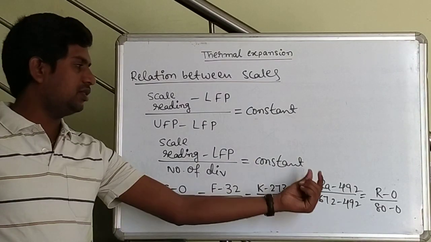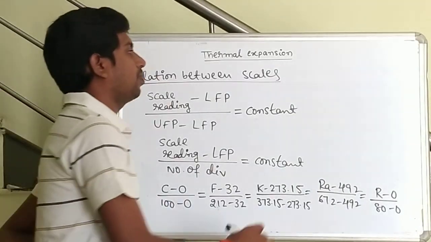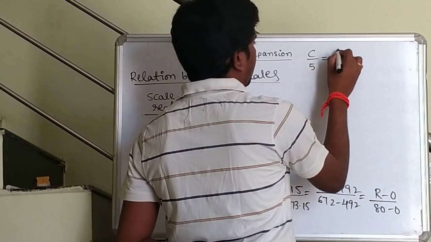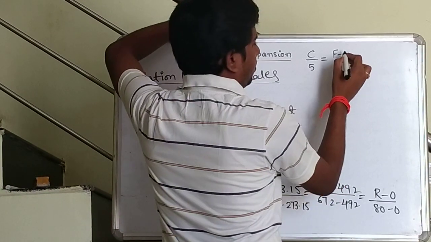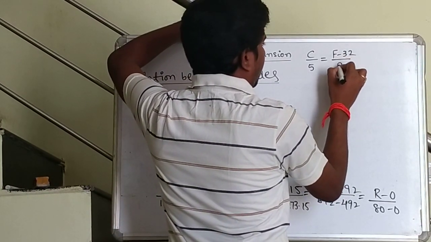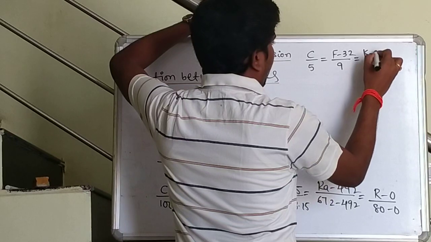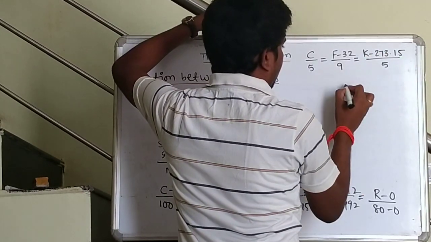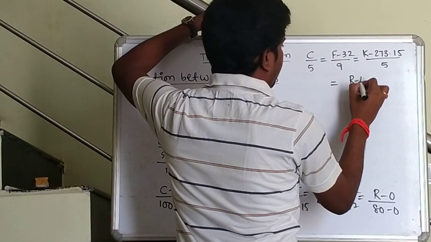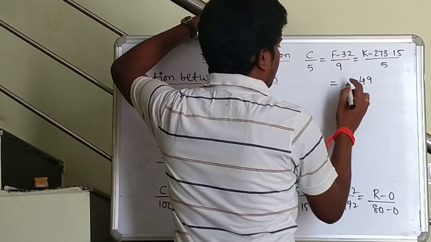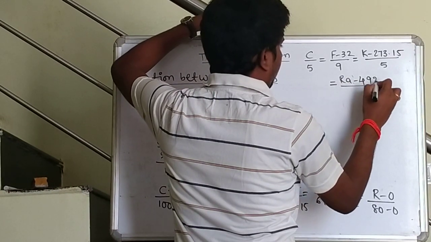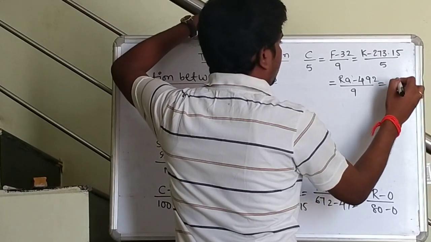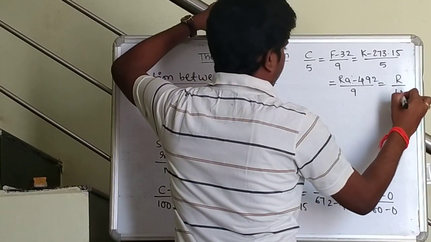So if we simplify this relation, we will get C by 5 is equal to F minus 32 by 9 is equal to K minus 273.15 by 5 is equal to Ra minus 492 by 9 is equal to R by 4.